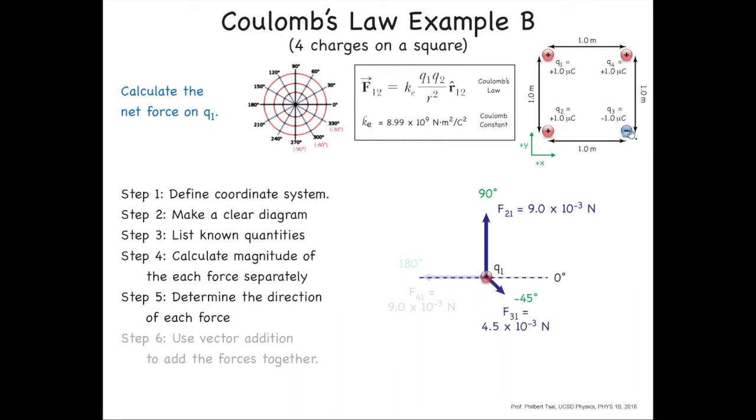For the negative charge, again, assuming that the other two charges don't exist and the negative charge is glued in place, then Q1, the one we're interested in, will be attracted to Q3. So that means it's going to pull this way along the line that connects the centers. And since this is 1 and this is 1, that turns out to be 45 degrees.